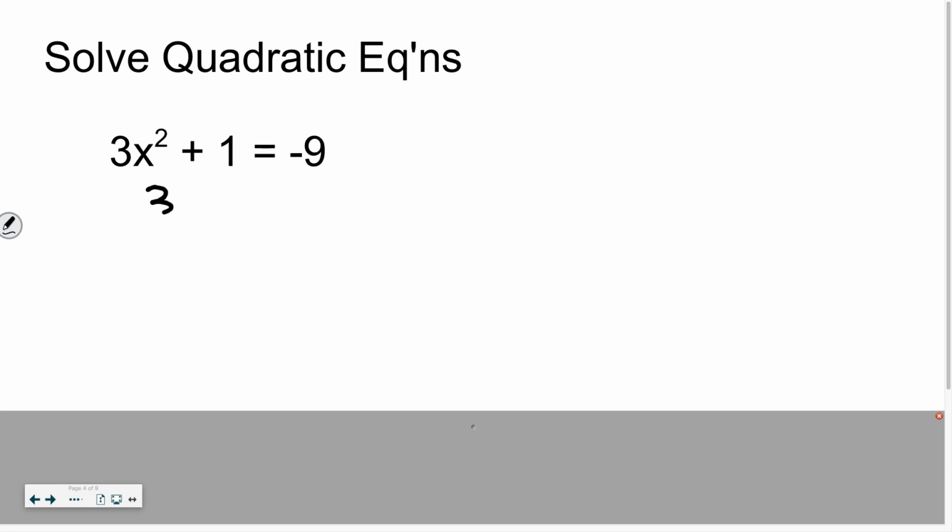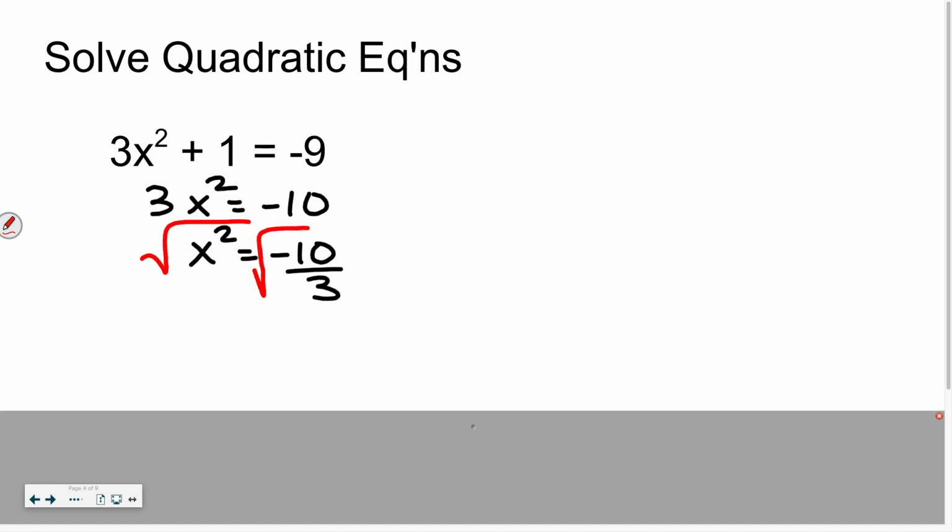Okay, so let's do 3x squared equals, it's now negative 10. Divide by 3, this is x squared equals negative 10 over 3. And then we're going to take the square root of both sides, which a couple days ago we had a warm-up where we just said no solution, right?